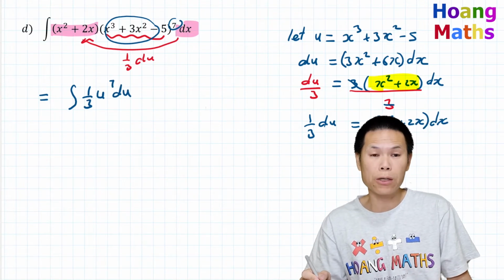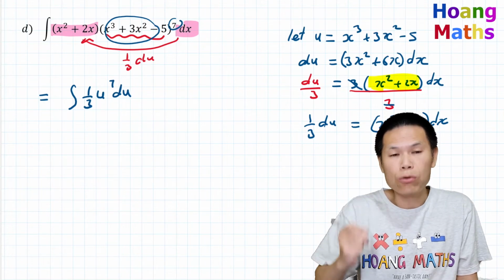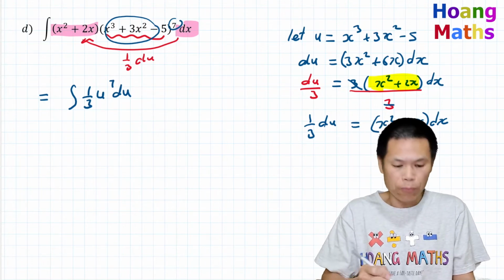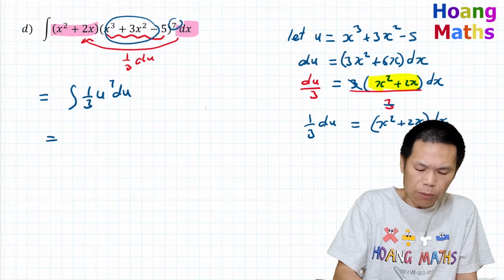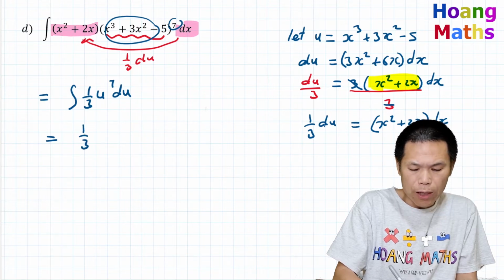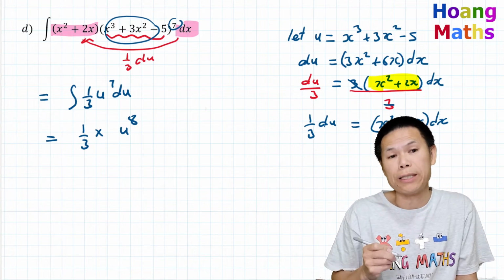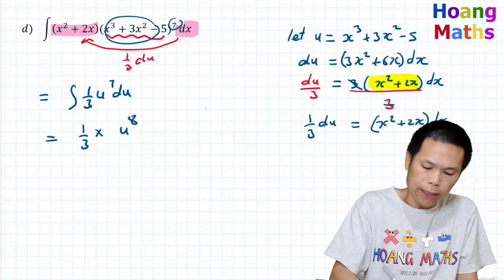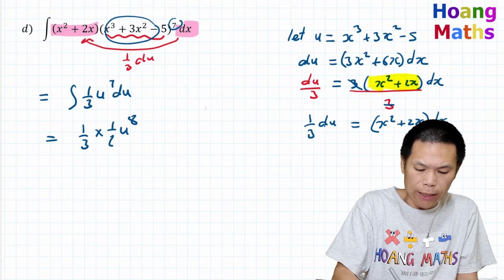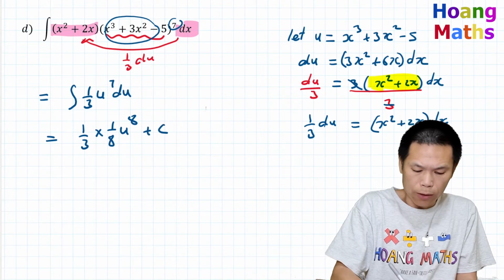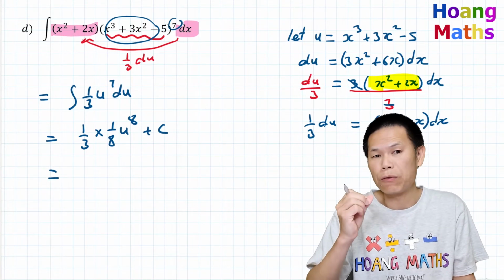So now I just integrate this. Integrate u to the power 7. 7 plus 1 is 8. So that becomes a third times u to the power of 8, divided by 8, which is exactly the same as 1/8. We add a constant. Now I simplify this first.